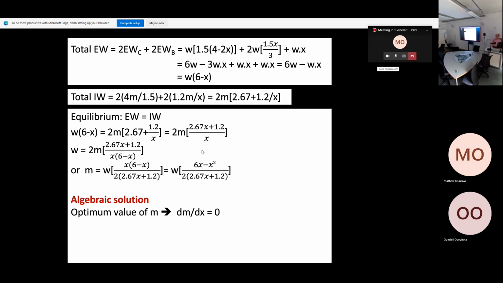Right? W cannot be 0, obviously. So we only need to differentiate this ratio here about x and put it equal to 0, which is what I've got here. If you do that, can you take pen and paper? I just want to make sure that you know how to do it, because you might get an equation like this in the exam. Can you differentiate this, please, on your own, and see whether you get this expression or not?